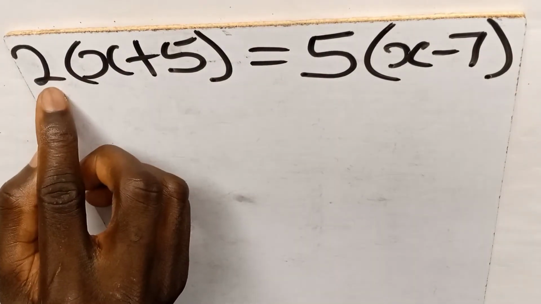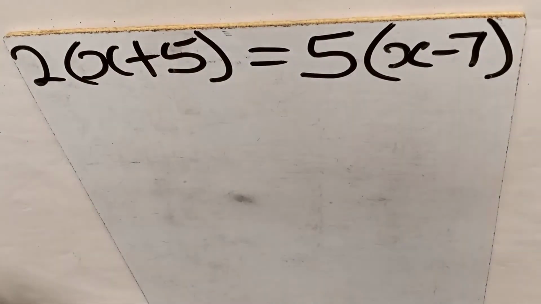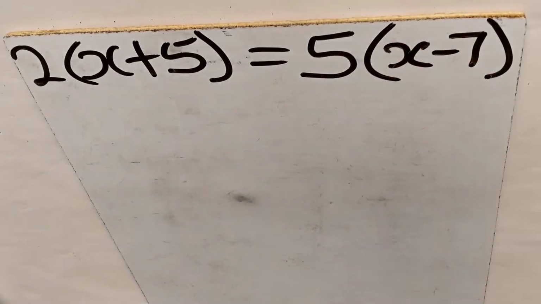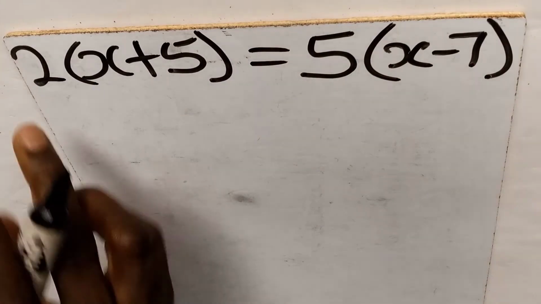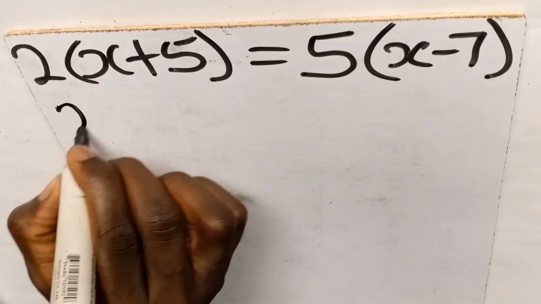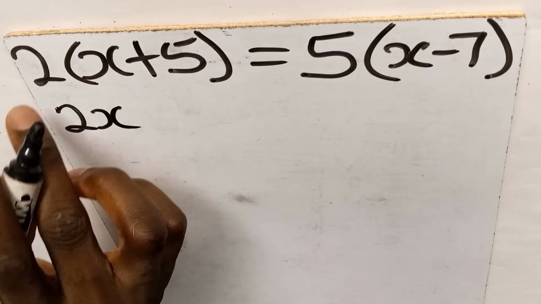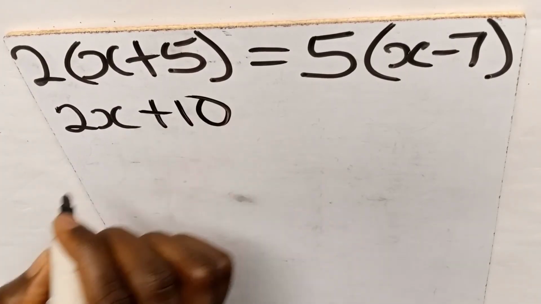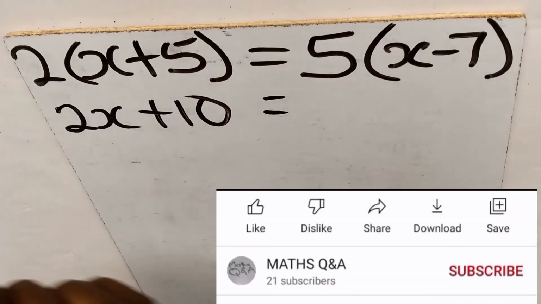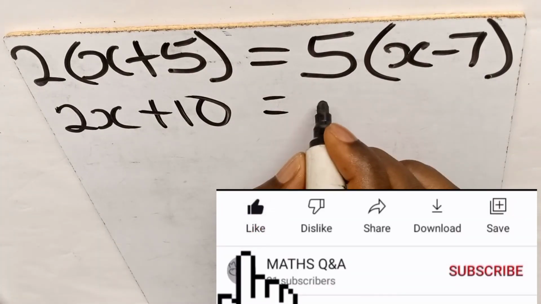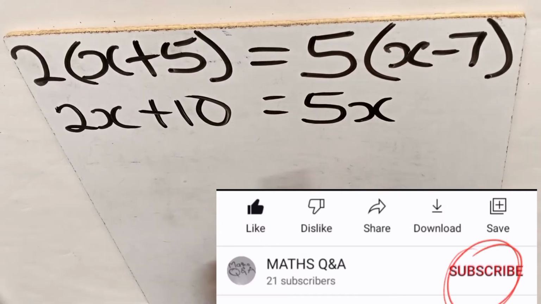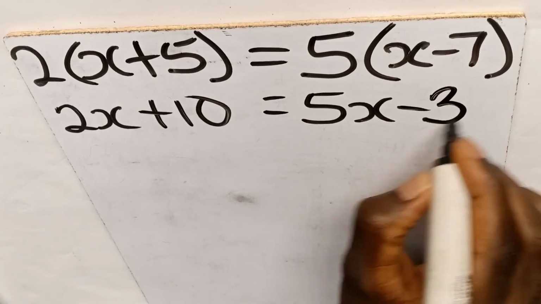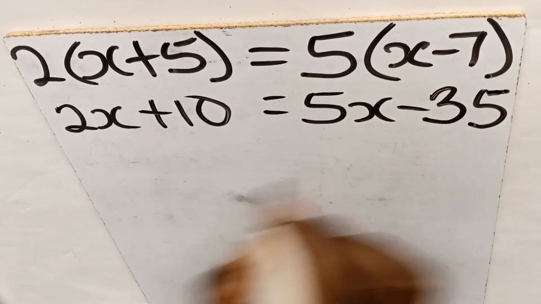So you multiply the number outside the bracket by each term in the bracket. And that is 2 multiply x gives you 2x. 2 multiply positive 5 gives you positive 10. You bring your equal sign. 5 multiply x gives you 5x. 5 multiply negative 7 gives you negative 35.